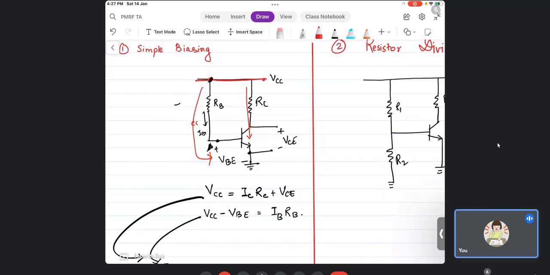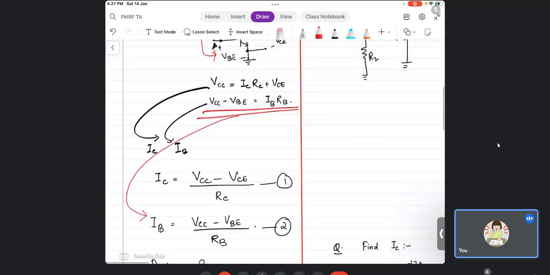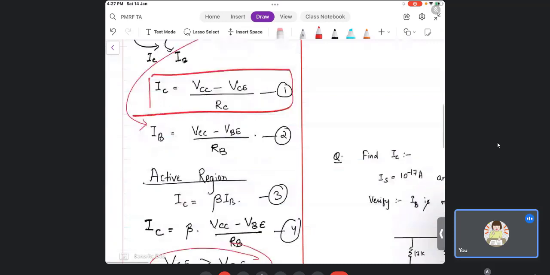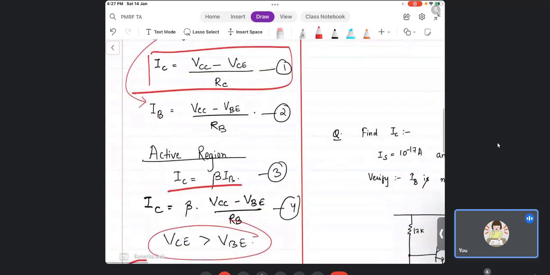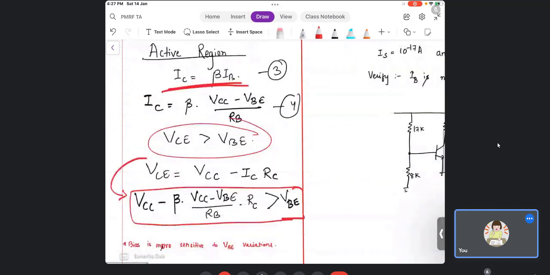Now from here I have written the equation for IB. I have written IB in terms of these things, and IC is also written, but it is not needed, we will see later. So IB we have got, and we know that IC equals beta times IB. So I just multiplied this entire equation with beta, and I got equation number 4. Now I know that for the active region I need VCE to be greater than VBE, and therefore I have written VCC minus beta and so on.